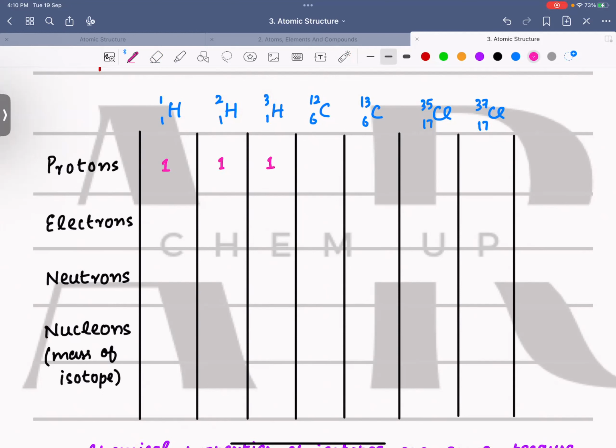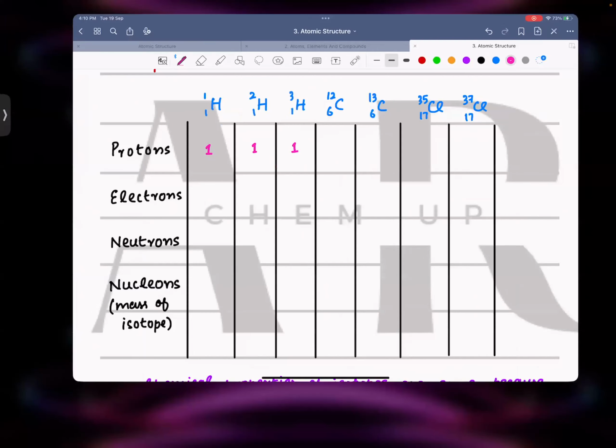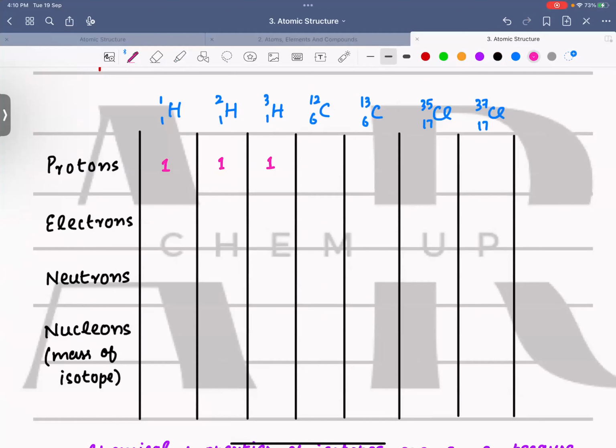So for all three hydrogens, the number of protons is 1. For carbon, 6. For chlorine, 17. How many electrons are there in hydrogen? 1.